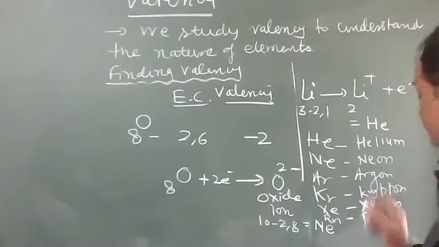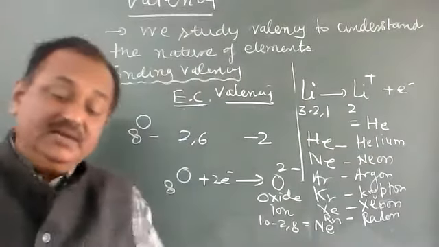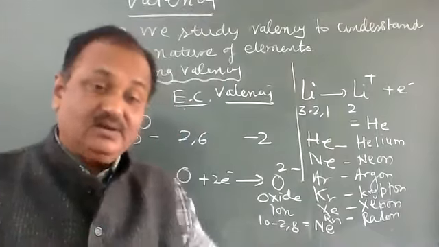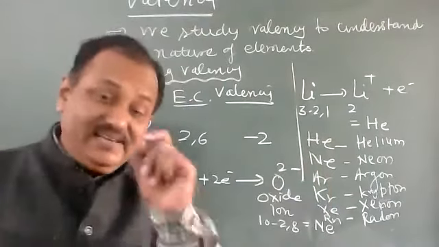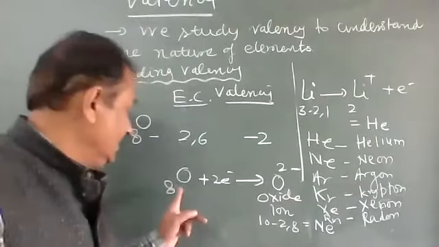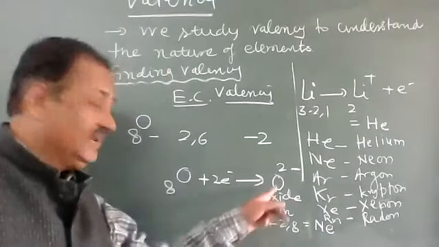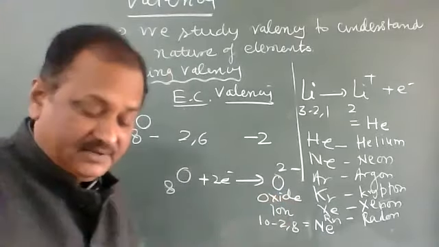So these are the noble gases. Any element in the due course of a reaction acquires the nearest noble gas configuration. So this oxygen, atomic number 8, will gain 2 electrons to acquire stability.